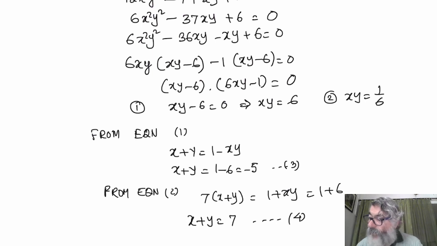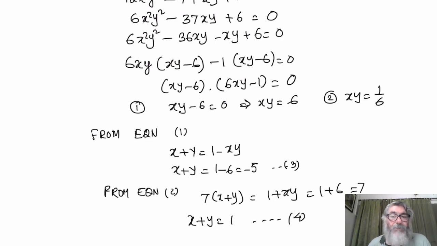Sorry, x minus y will become 1, not 7. You're dividing it by 7. So you get 1. When you divide both sides by 7, x minus y will come out to be 1.